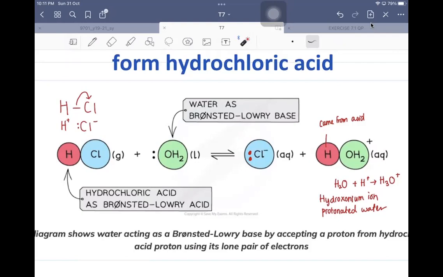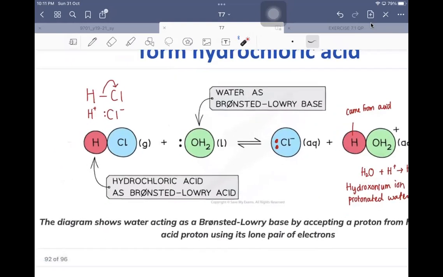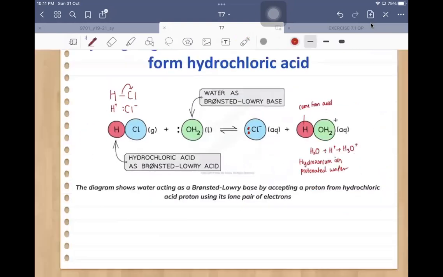Okay, if I were to write this down in equation form, I will write it like this. No need to color code because this one is already color coded. You can change your notes if the colors don't appear.